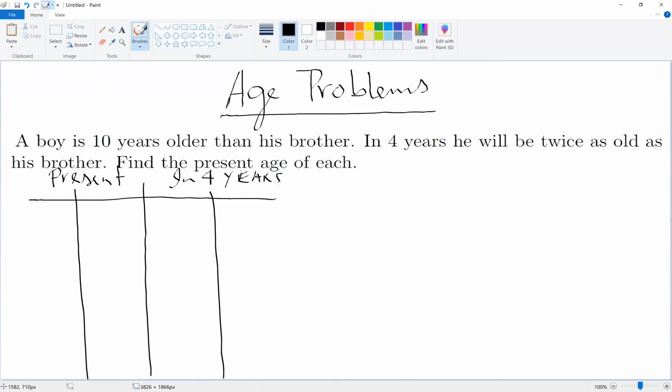Okay. So for an example, this is boy and his brother, boy is 10 years older than his brother. So in 4 years, this will be 14 and this would be 5.